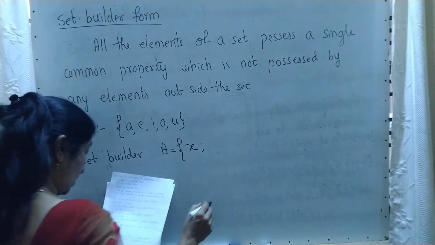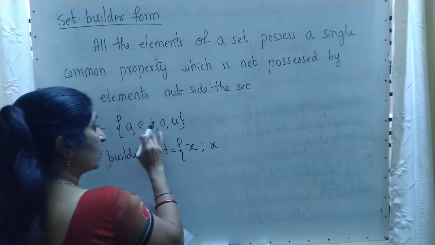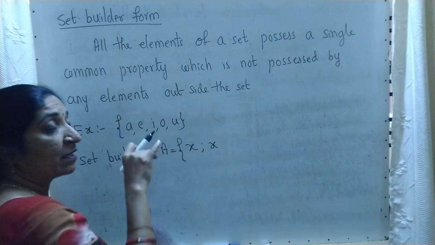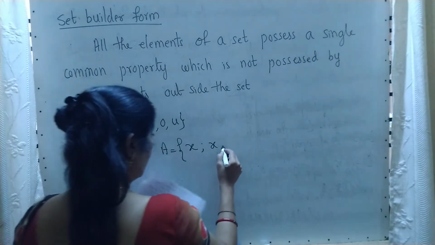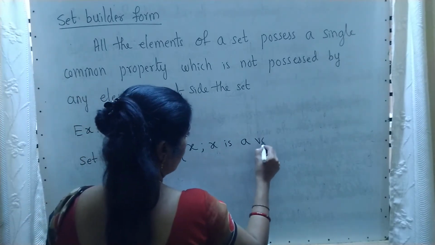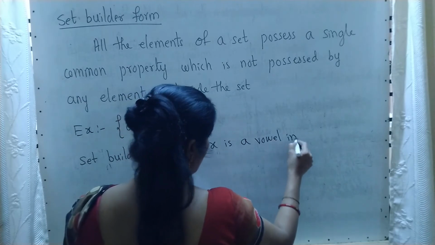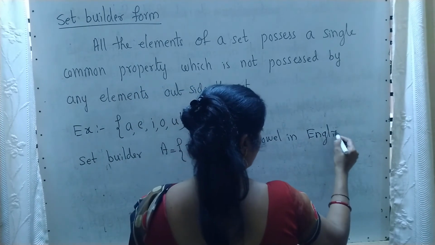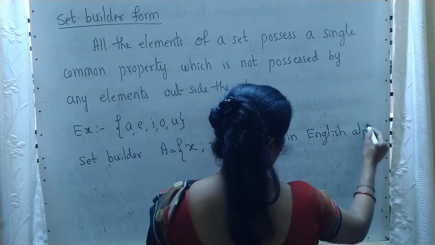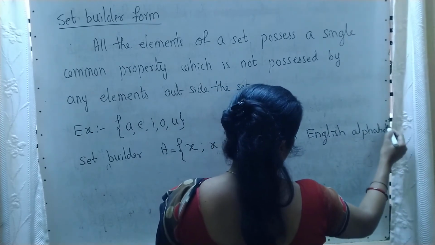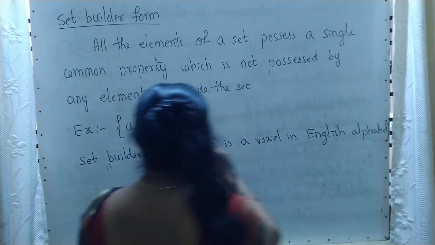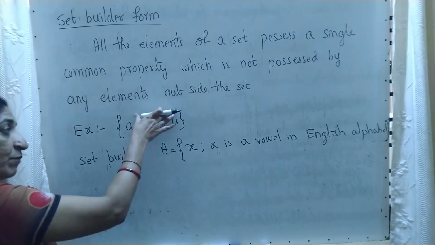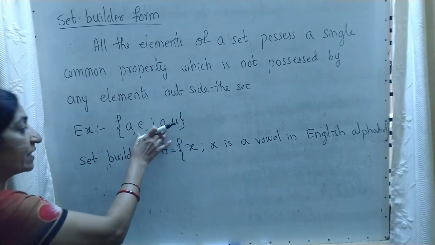X such that X is a vowel in the English alphabet. So you have to write the rule in which they are connected. So like this we are writing a set builder. We are making a rule for the given set.